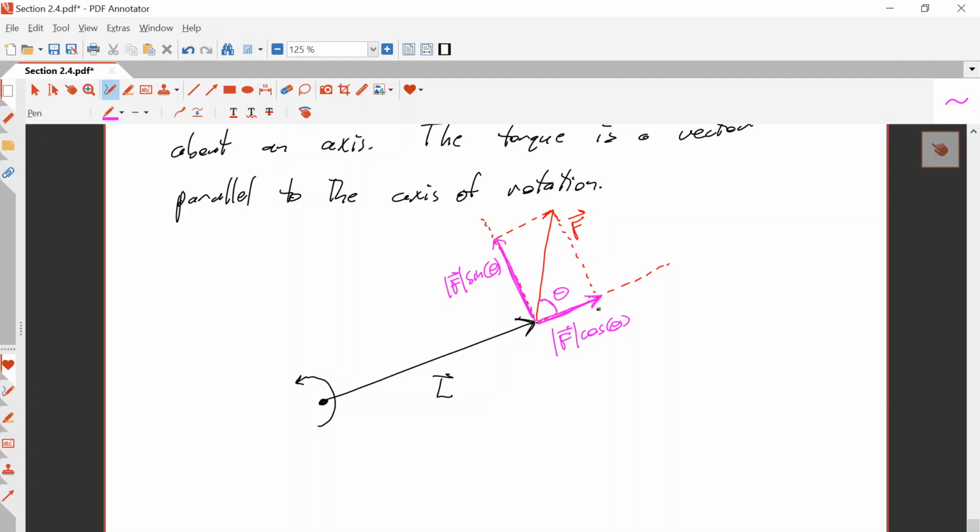The perpendicular part is the only one that's useful for producing rotation. But if it's not perpendicular, then this is the part that you're using.